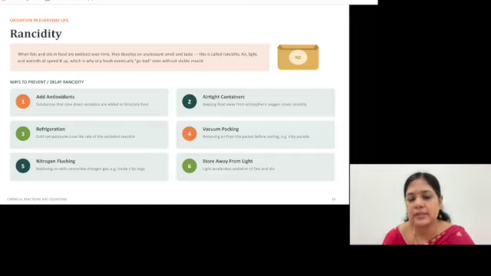To avoid rancidity, they infuse those packets with nitrogen gas, or they have different methods actually. They keep it in airtight containers, or they use vacuum packing, that is nothing but removing air from the packet before sealing. And we should also store things away from light.